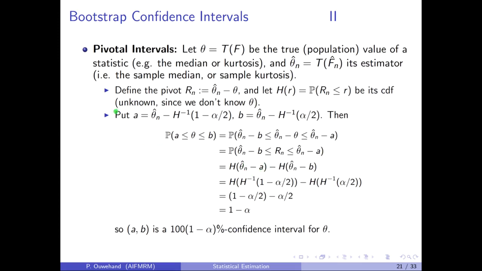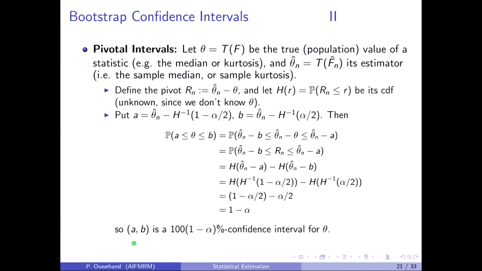But by definition of A, we see that theta hat n minus A is simply equal to H inverse evaluated at 1 minus alpha over 2. And so we get H of H inverse evaluated at 1 minus alpha over 2, which is just 1 minus alpha over 2. Similarly, if we look at this expression here, we get H of H inverse of alpha over 2 using the definition of B, which is alpha over 2, and so we get 1 minus alpha. And hence the interval from A to B is a 100 times 1 minus alpha % confidence interval for theta.